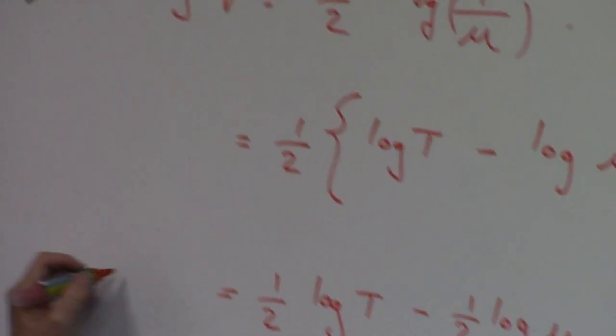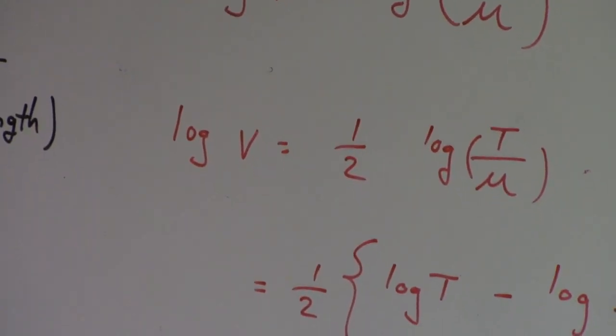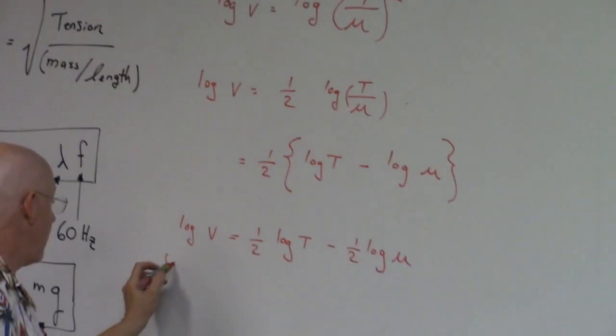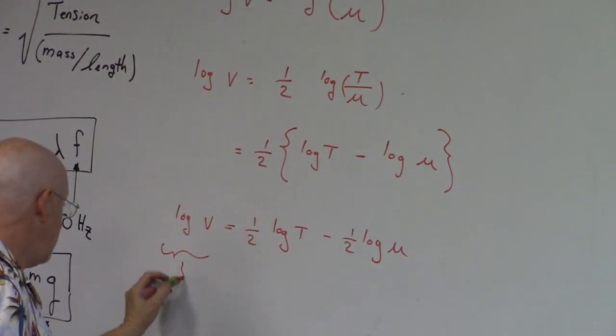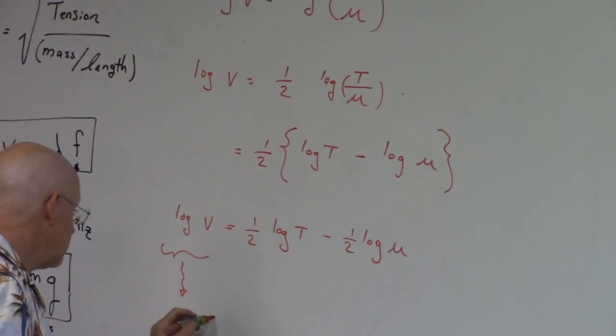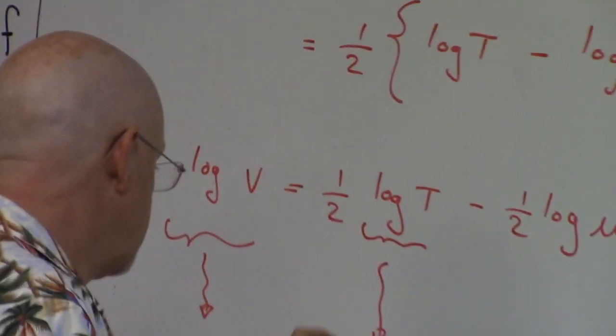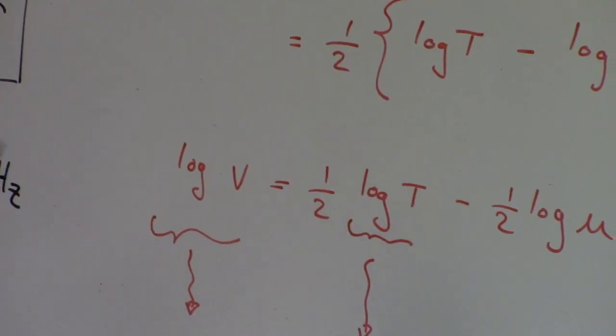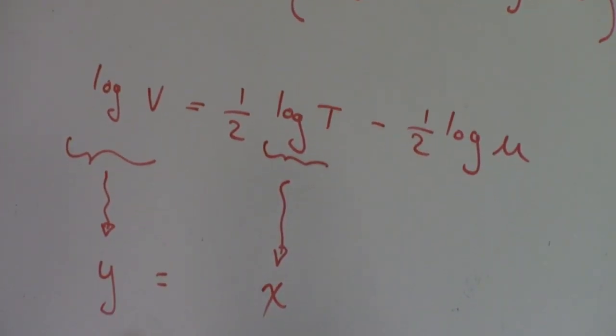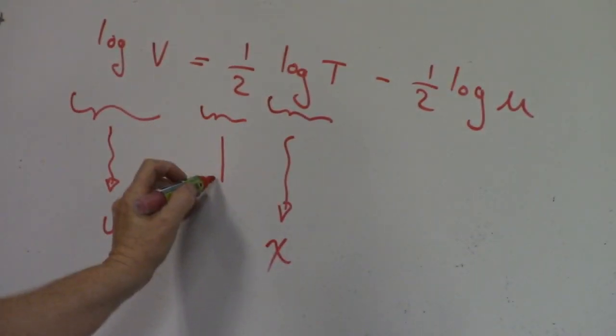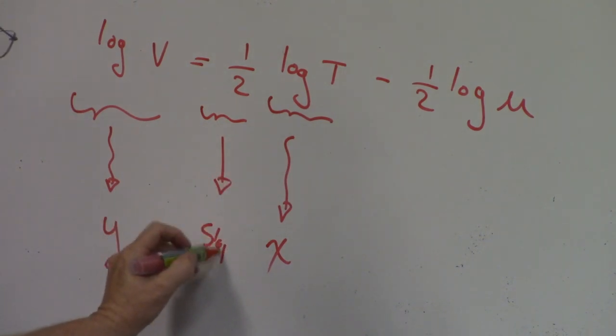And now you hopefully begin to see, and I'll repeat it, if you think about this as the y-axis, and you think about this as the x-axis, then this is the slope.